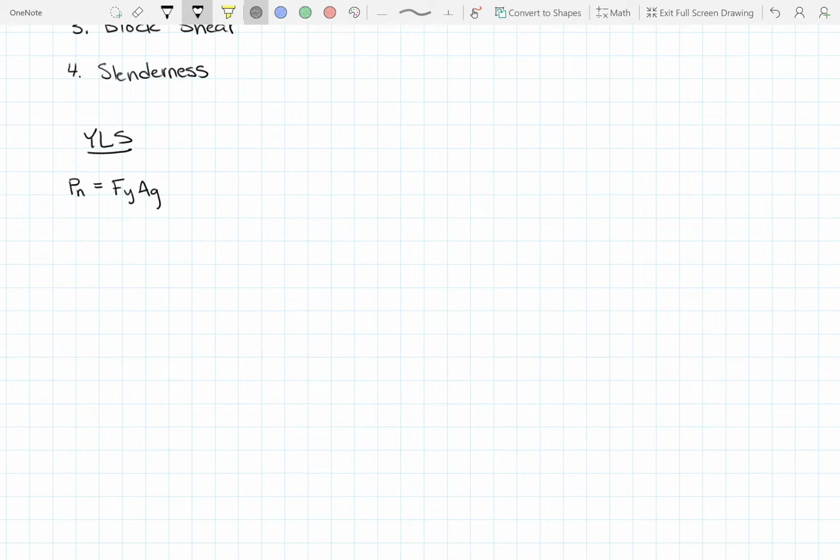So if you had a simple tension member, say this was a plate that was 3 inches wide and it had a thickness of 1 inch, what is A_g?